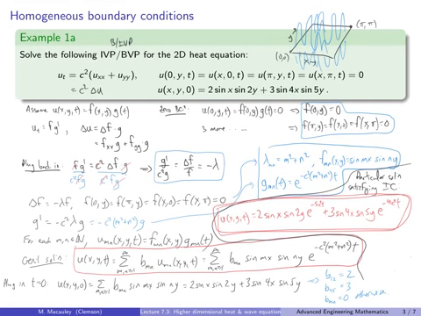Notice what happens over time. Heat dissipates. When you plug in time equals 0, these exponentials go away and you get the initial condition, which is this squiggly thing. But this thing goes to 0 as t goes to infinity, because these exponential terms are dampers; they dissipate and kill off the waves.